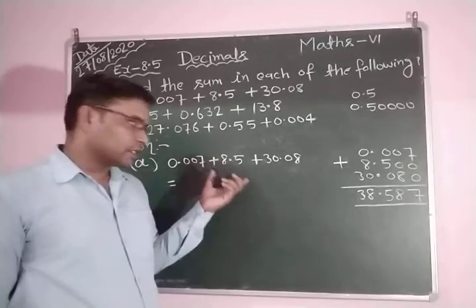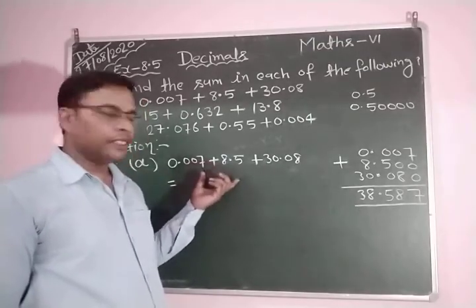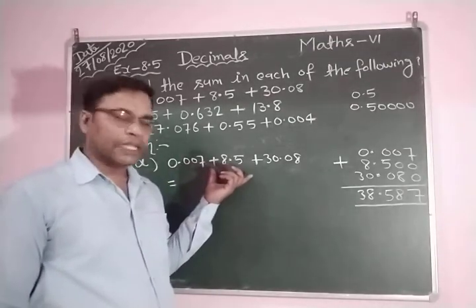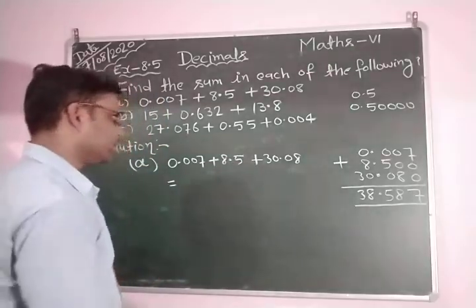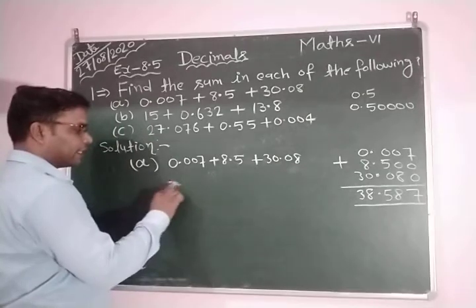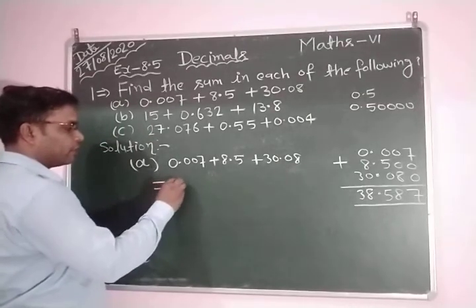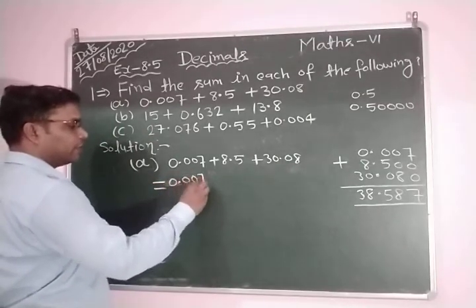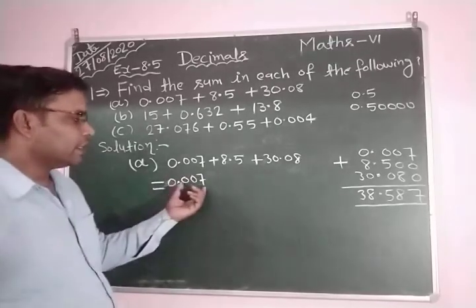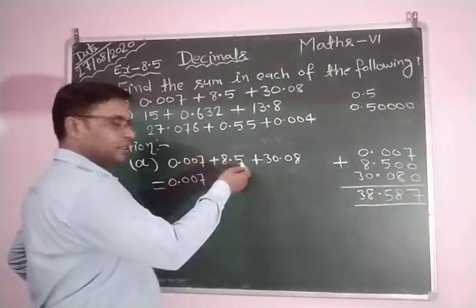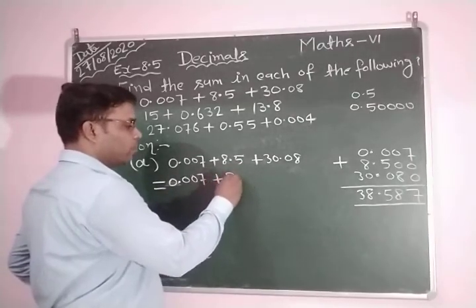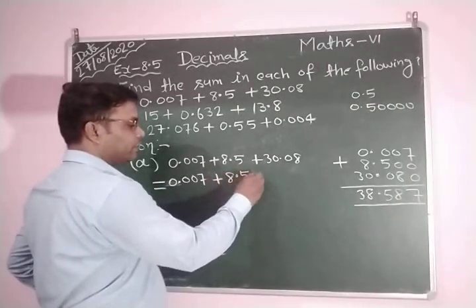So if we find the sum by the row method, then first we make each decimal number a like decimal. Okay, so we can change it. You can write it like this: 0.007, because here you can see the digit at the thousandths place and here only the tenths place. So you can change it to 8.500.